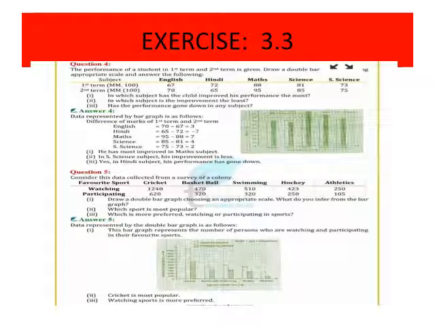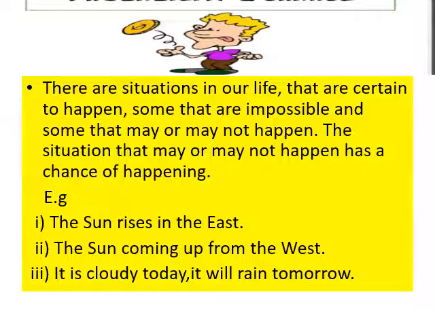Obviously, it is cricket. Cricket is most popular. Question number 3 is, which is more preferred, watching or participating in sports? Watching sports is most preferred. You can see that in all the games, watching the game is most preferred by the people. So, all about the graph.